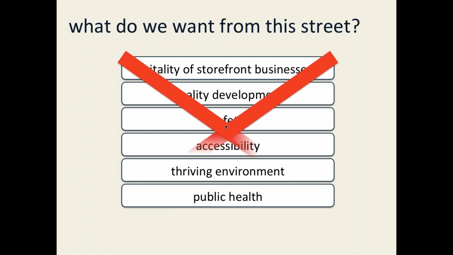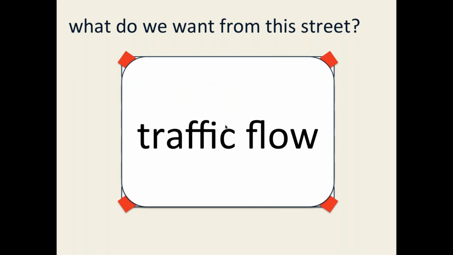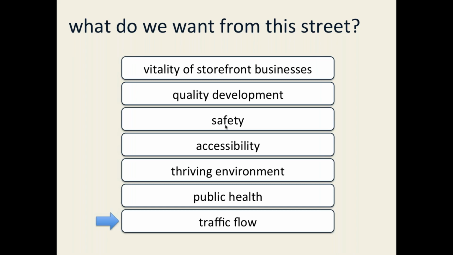But what we often see is that those are ruled out because we have this other goal that's more important, which is traffic flow and having unimpeded, uncongested flow of traffic in a downtown. Most of the people watching this webinar will know that that's probably not actually the most important goal for a downtown street, but it is an objective and it belongs in the list somewhere.